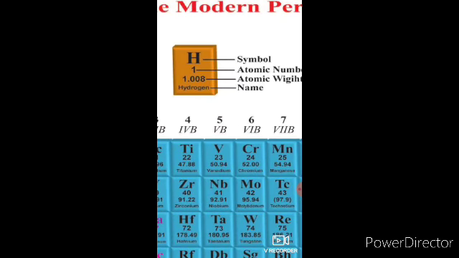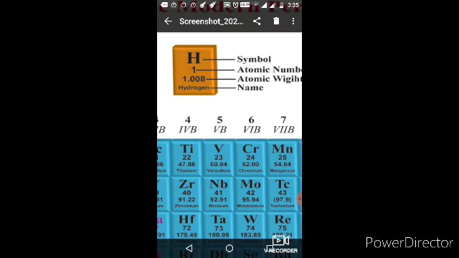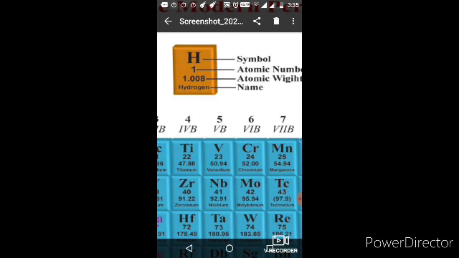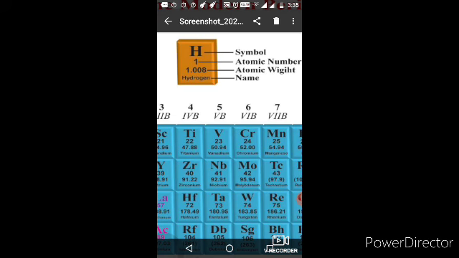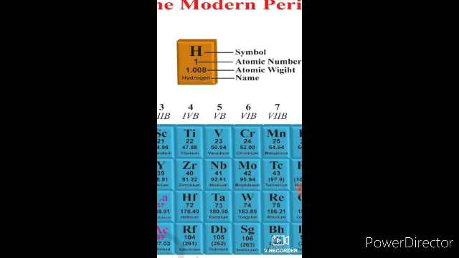H means hydrogen; the name is at the bottom and the symbol on top. The next step is atomic number, the third step is atomic weight, and the fourth is its name.